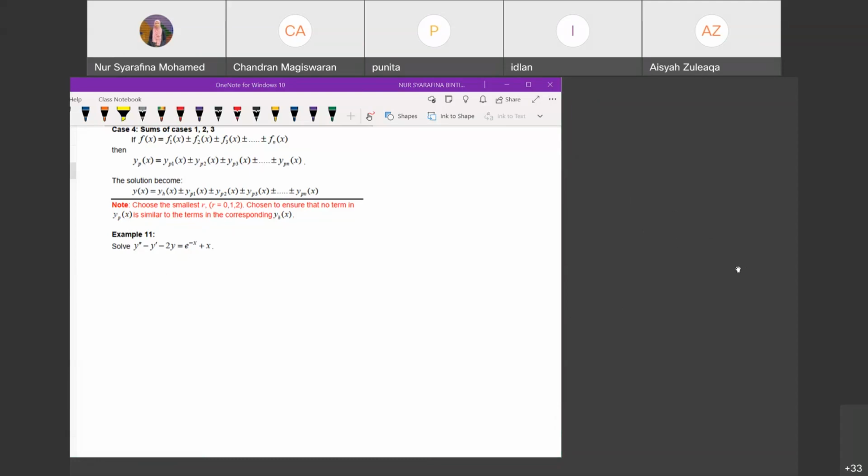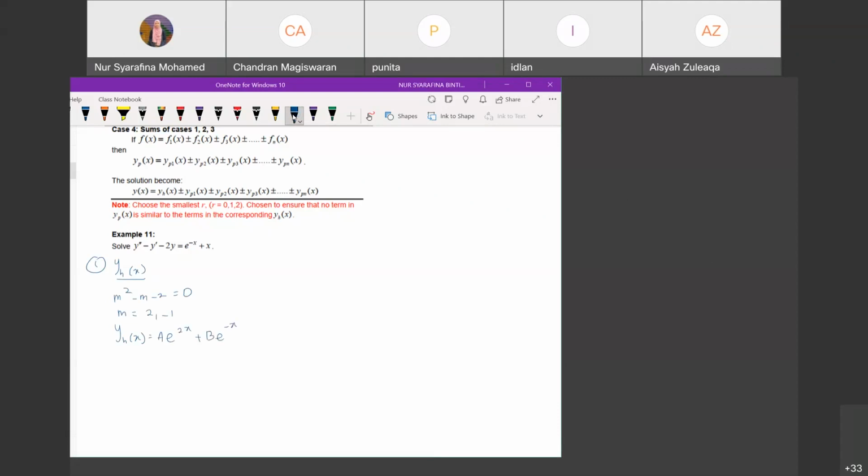Okay, so of course, in our first step, you need to find yh. Same process. So your yh is what? Converting this, your m equals, I think it is the same function as the previous example. So your yh is Ae^x plus Be^(-x).